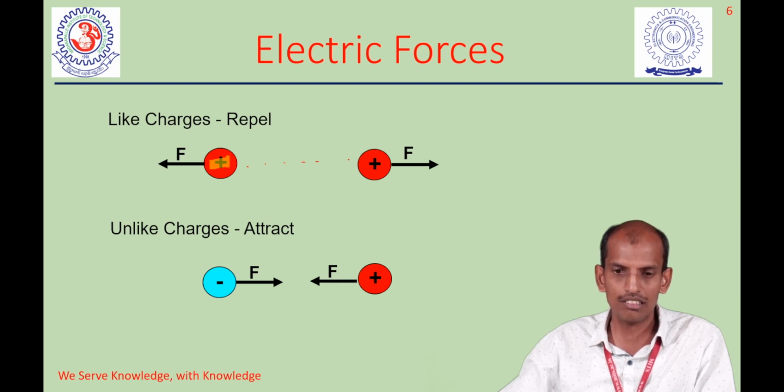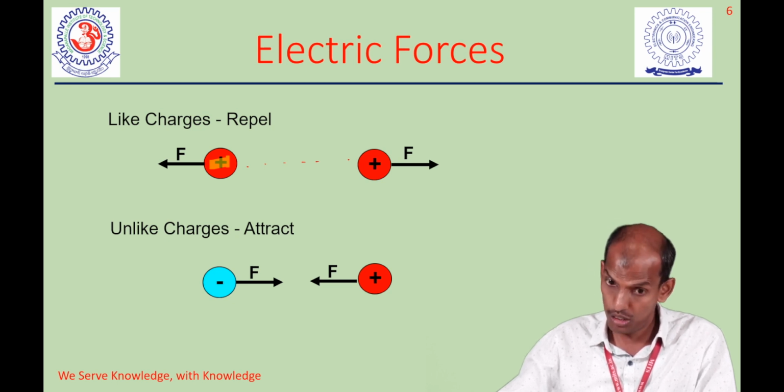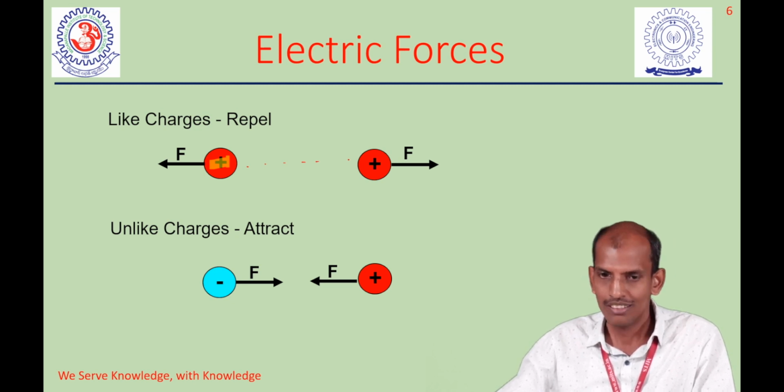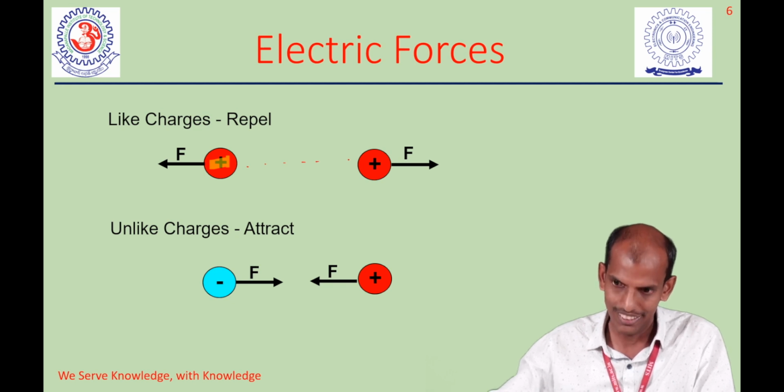As you can see by this arrow, this negative charge is going towards the positive charge, whereas this positive charge is going towards the negative charge. So please keep in your memory that like charges always repel each other. Unlike charges always attract each other.